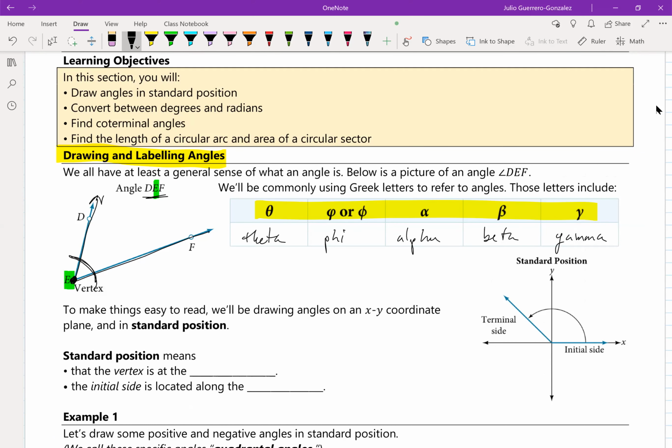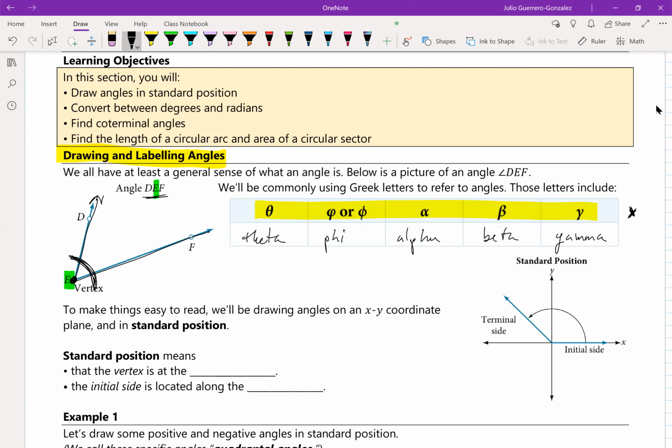We have these variables: theta, phi, alpha, beta, gamma, or we can just plainly, the one you'll see a lot, sometimes just call it x. When we refer to an angle, we refer to this distance between those two rays, okay?